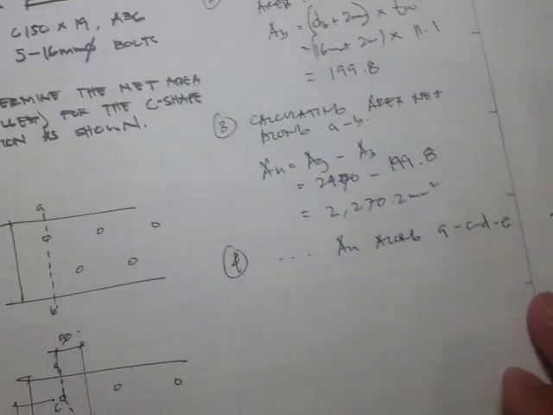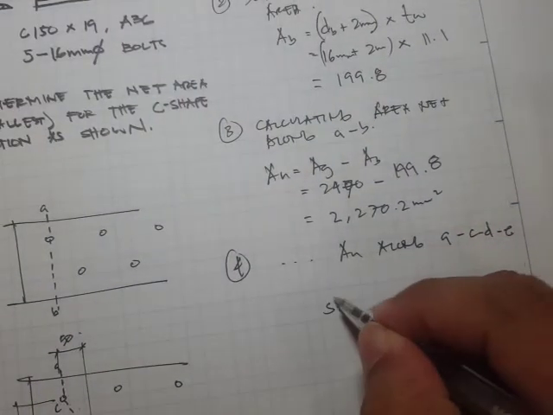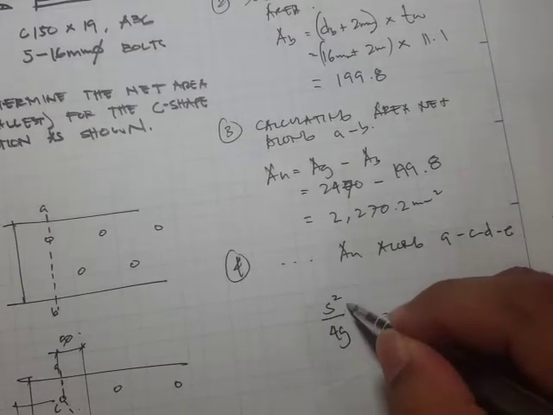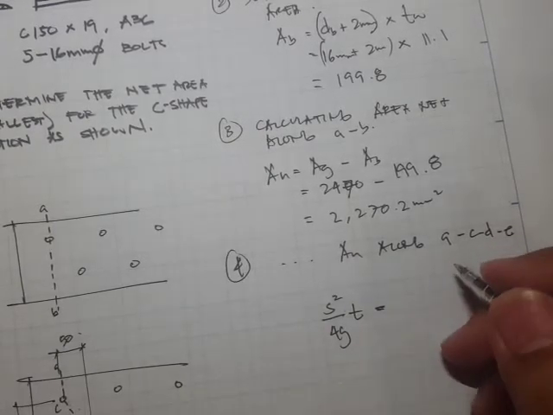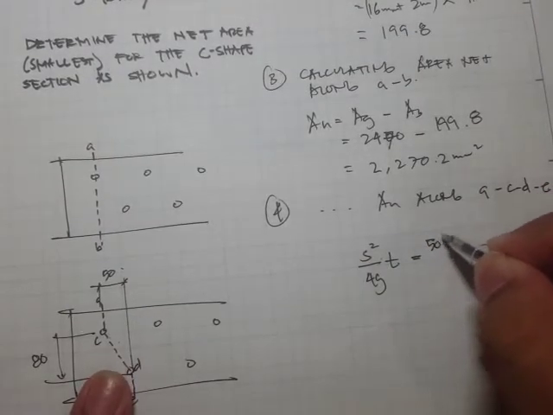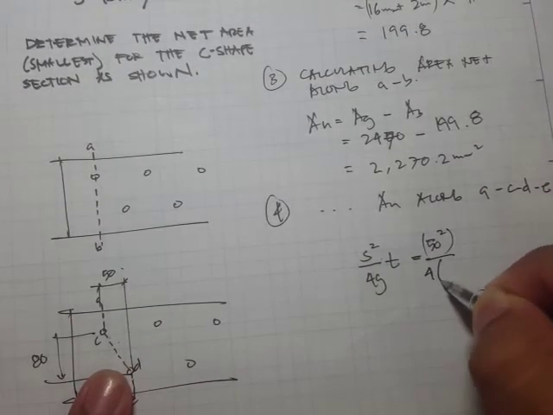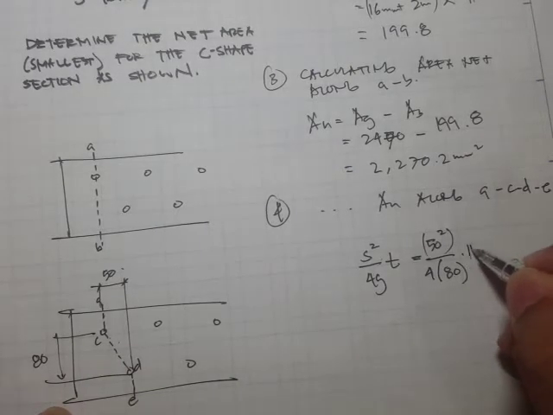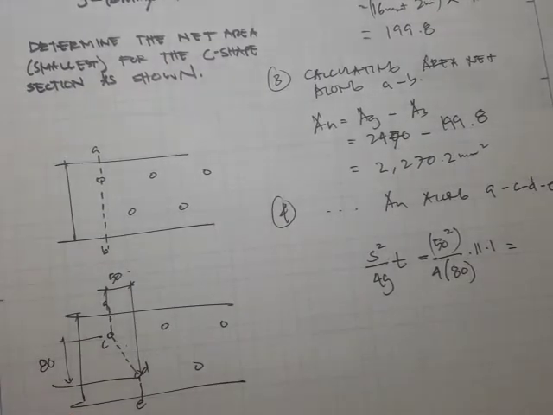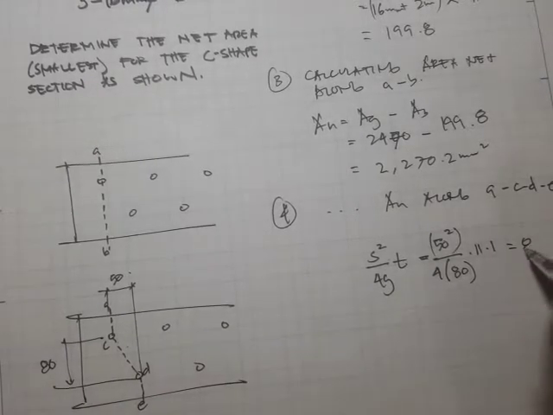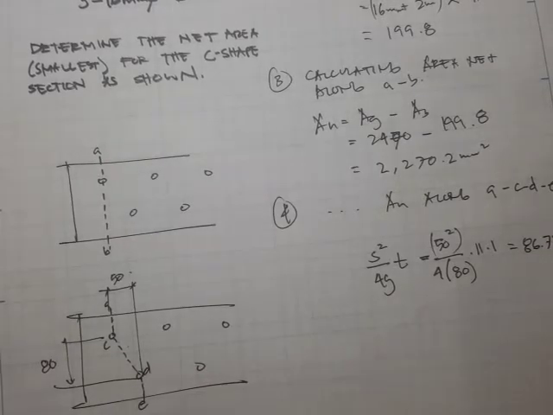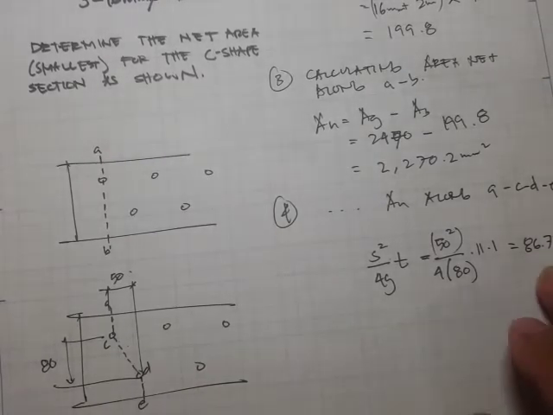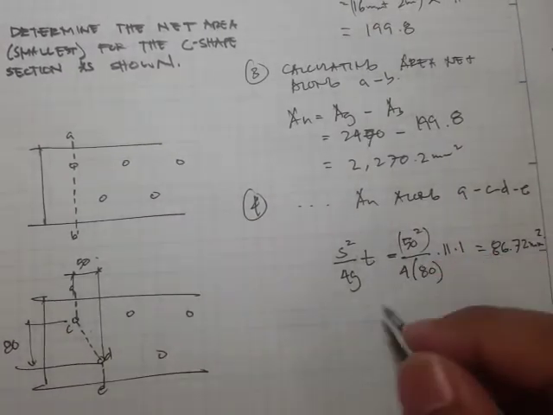So the staggered factor is s squared over 4g times t, where s is 50 squared, all over 4 times the gauge distance, which is 80, times the thickness of 11.1. That's going to be 86.72 mm squared.